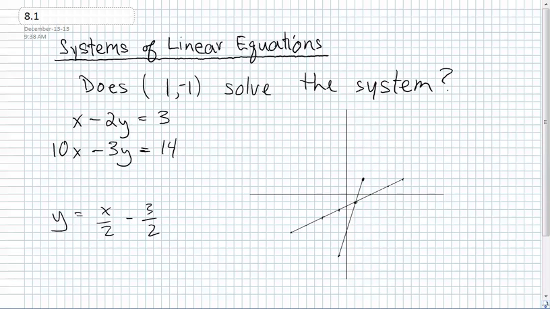And if you look really closely, you can see that that second line, which is this one here, does not quite go through the point (1, negative 1). It's really close to it, but doesn't quite go through it, so it doesn't solve the system.